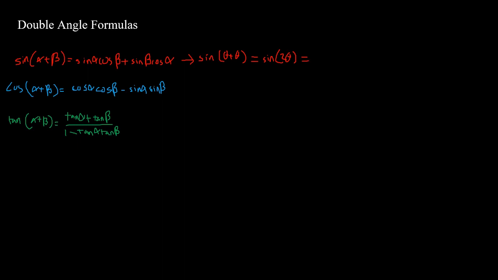Well, we can just plug in theta for every alpha and beta. So what we're going to get is sine theta cosine theta plus sine theta cosine theta.